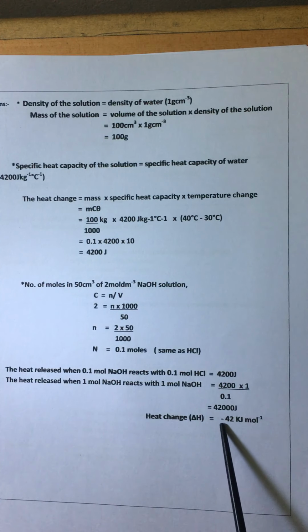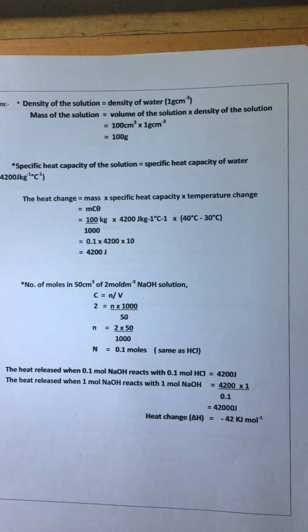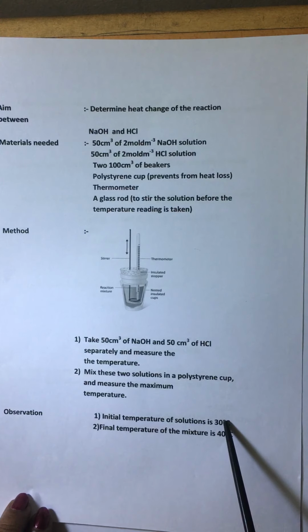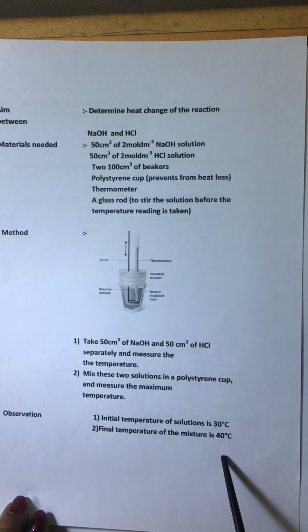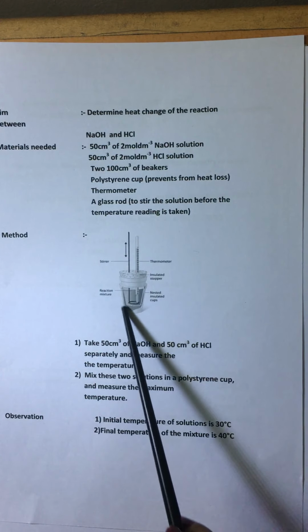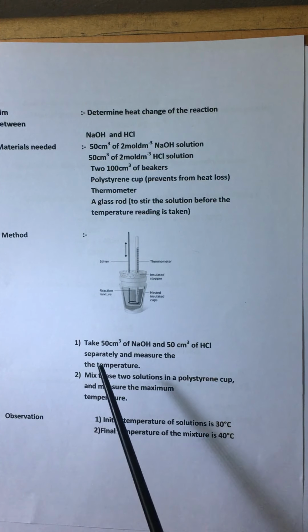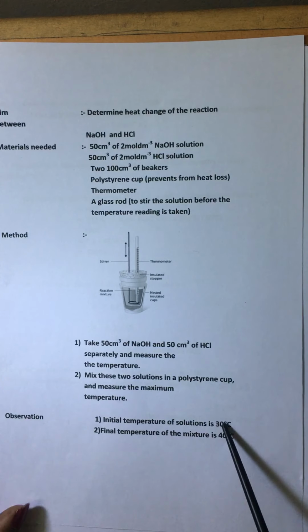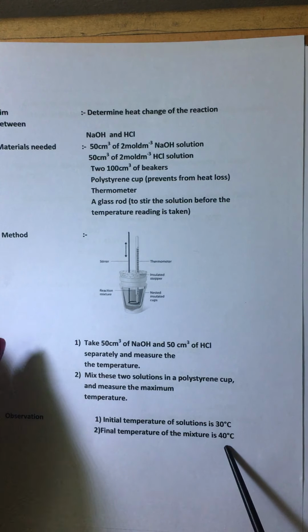So why are you putting minus for exothermic, heat released? How do you calculate? When you are doing this experiment, the initial temperature is 30 and the final temperature is 40. That means the temperature increased by 10 Celsius, which means the heat is released to the environment. That's why the temperature increases here.